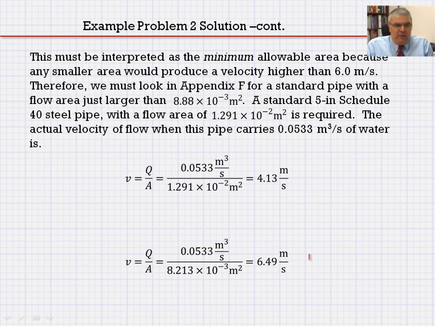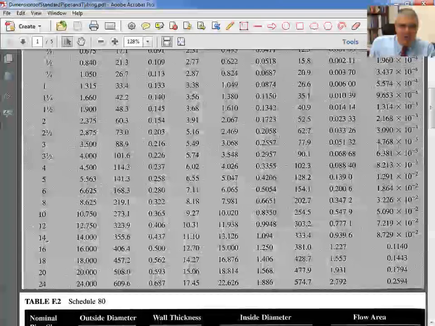So, how do we interpret this? This is interpreted as the minimum allowable area because, of course, any smaller area would produce a velocity higher than 6 meters per second. So we must look at an appendix that's given in the book for a standard pipe with a flow area just larger than 8.88, and that is right here.